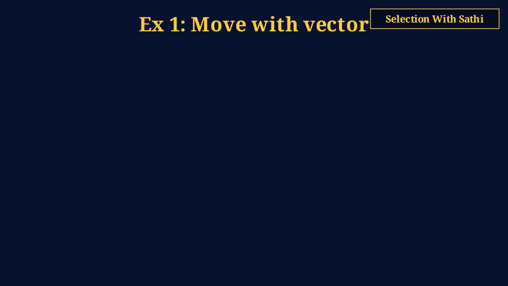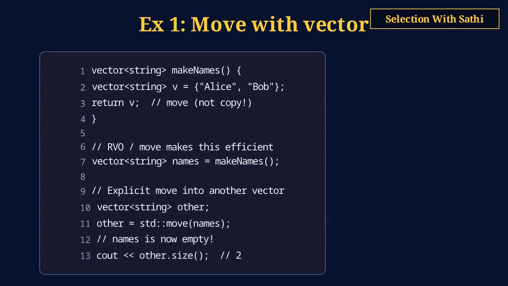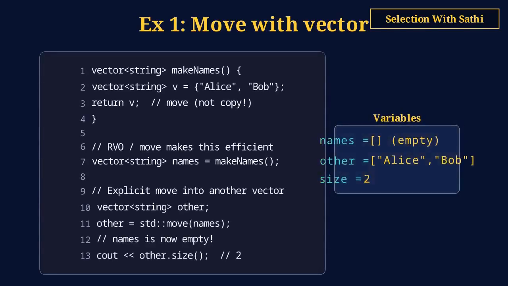First example, move constructor. Class Buffer has an int pointer data and an int size. The move constructor takes a Buffer rvalue reference. It steals the data pointer and size from the source: data = other.data, size = other.size.